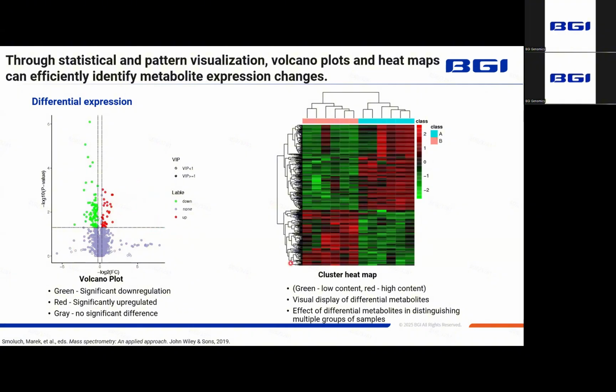and the farther away the point, the more significantly expressed in the group. Heat map provides another visual representation of multi-dimensional data, displaying variables in a matrix format with colors indicating relative value according to a scale.